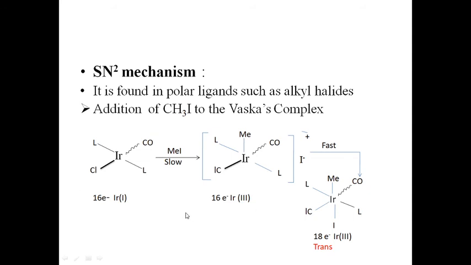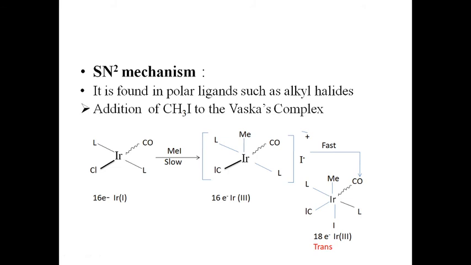Vaska's compound has square planar geometry and it has a 16 electron count, and we said that this carbonyl and chloride are trans to each other.